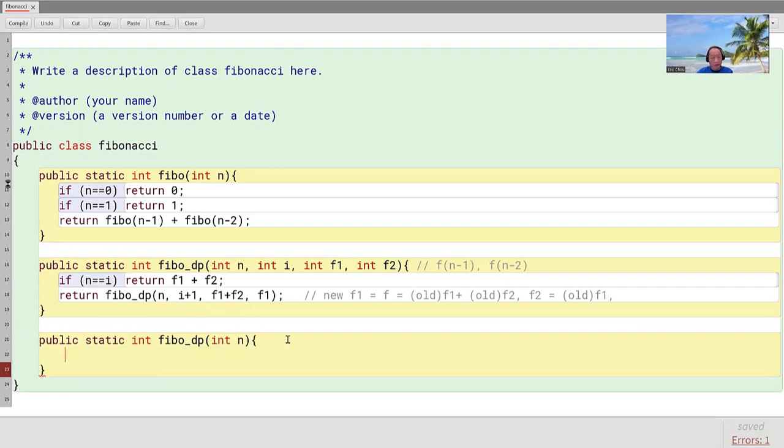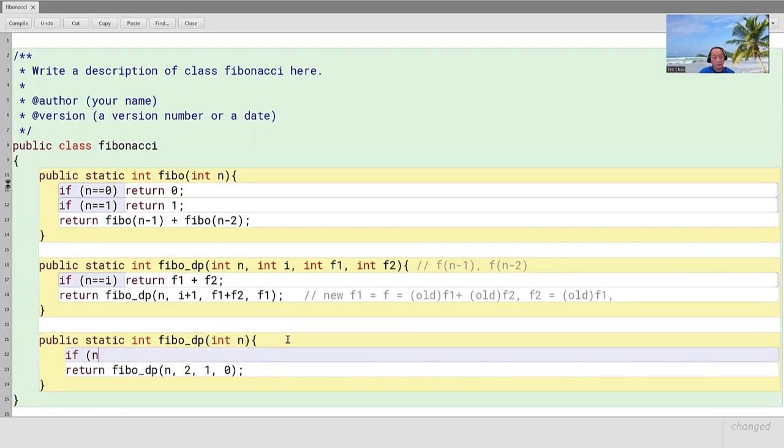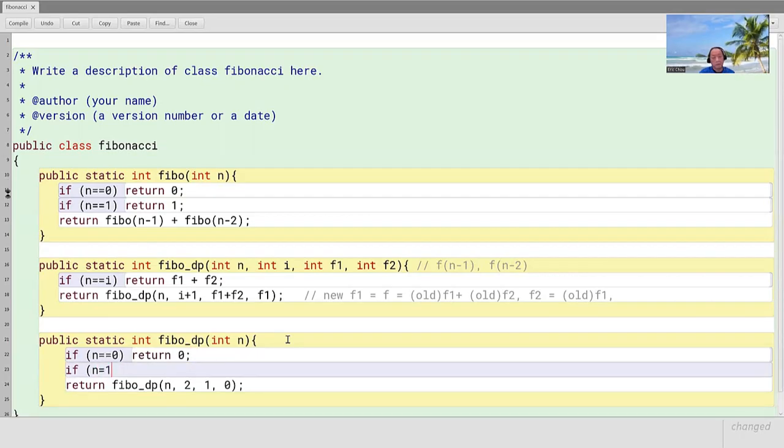It returns the Fibonacci function of n, and your index starting from 2.